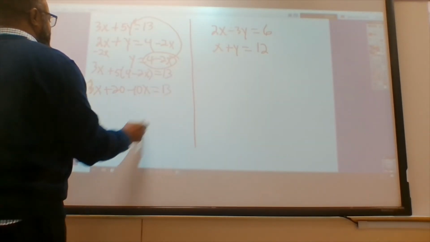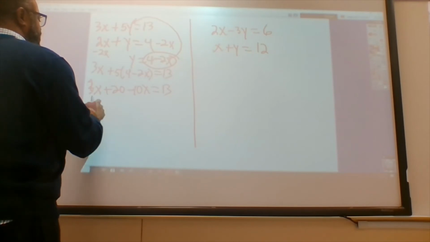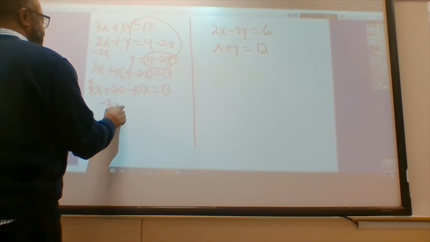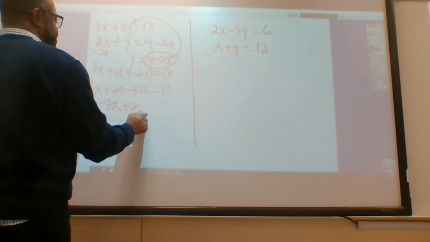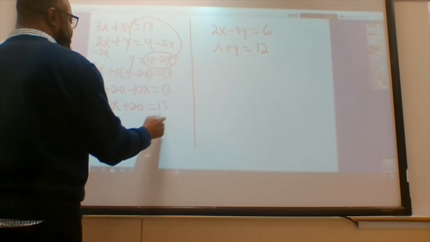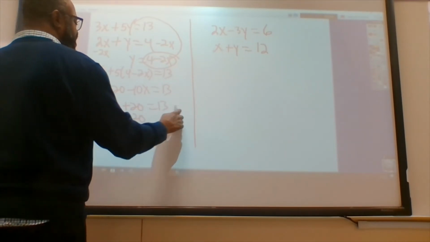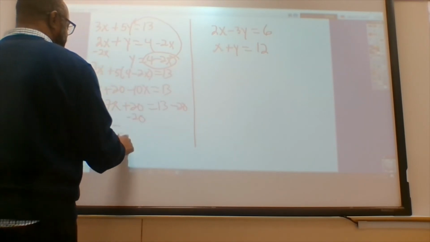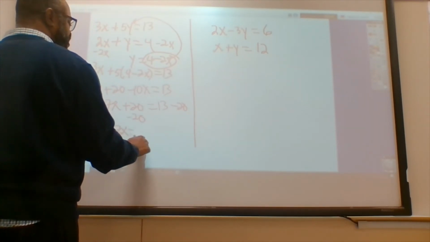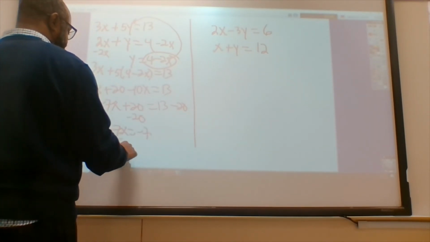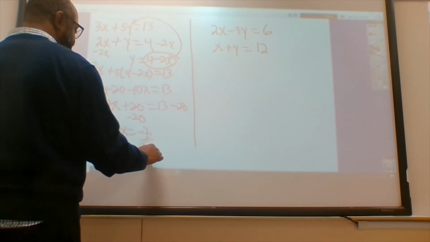Then combine like terms, that will be negative 7x plus 20 equal 13, minus 20 on each side. Then you'll have negative 7x is equal to negative 7, divided by negative 7 on each side. Then x is equal to 1.